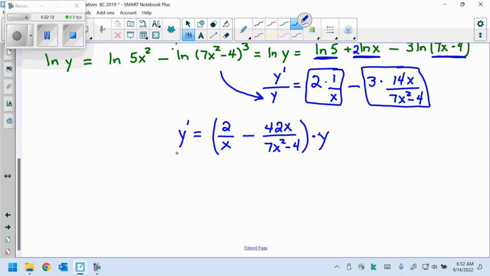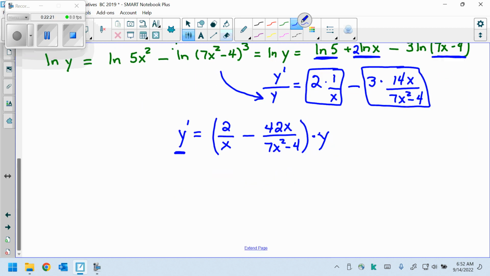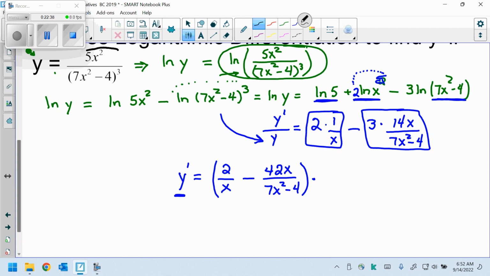But I would like my y prime written only in terms of x. Well, if I'm going to do that, then I'm going to erase this y, because in this problem, what is y equal to? In this problem, y is equal to this, 5x squared divided by (7x squared minus 4) to the third power.